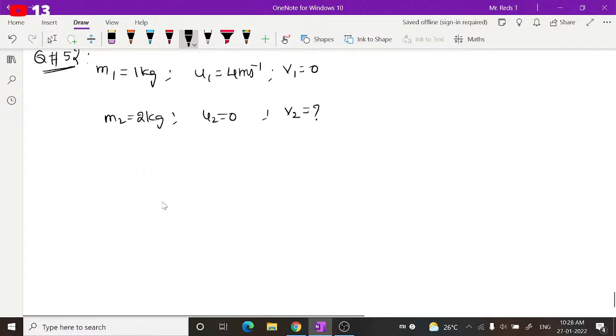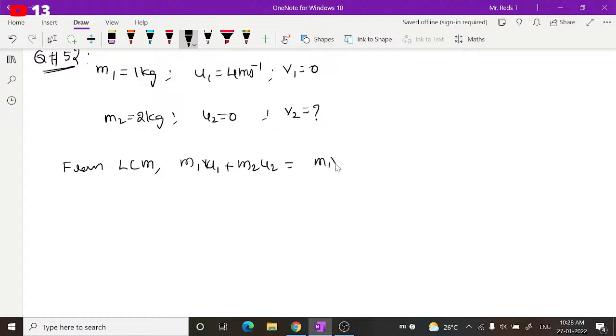Simple. Again, by using the law of conservation of momentum, m1 u1 plus m2 u2 is equal to m1 v1 plus m2 v2. So here m1 is 1, u1 is 4, plus m2 is 2, u2 is 0, so this term becomes 0.